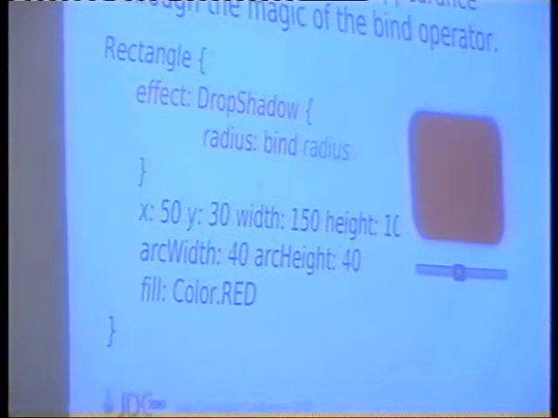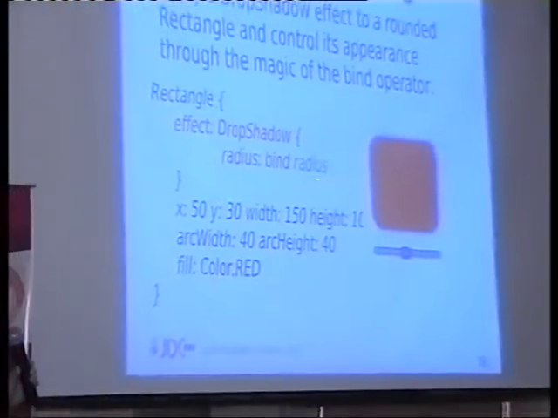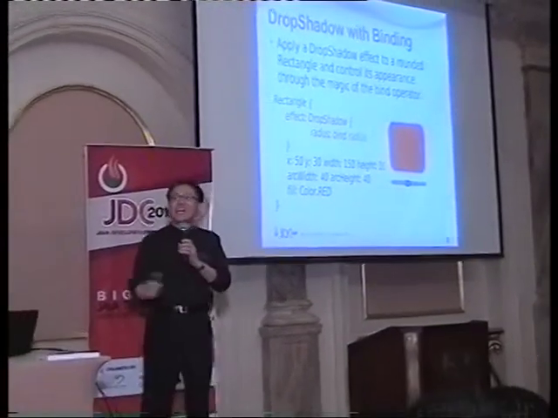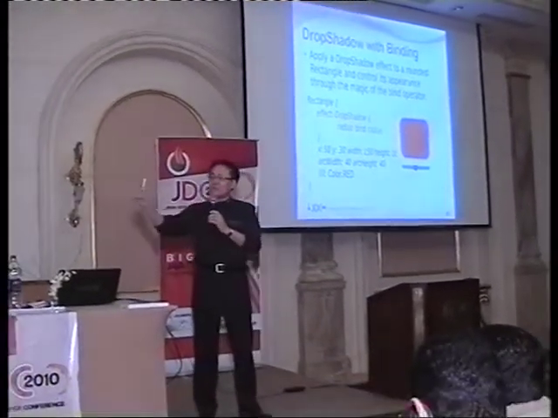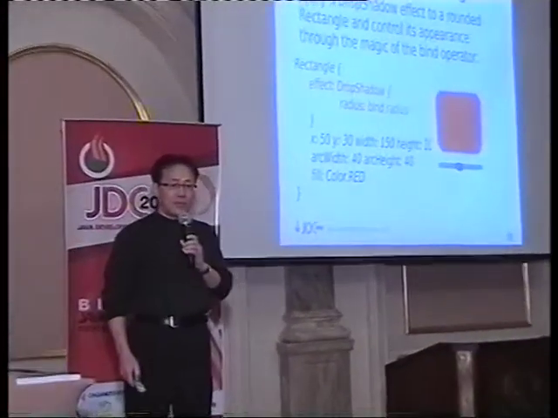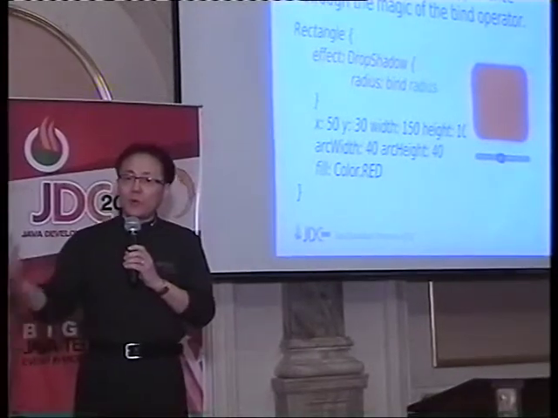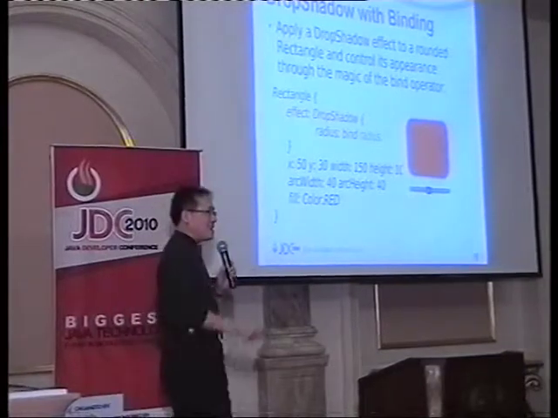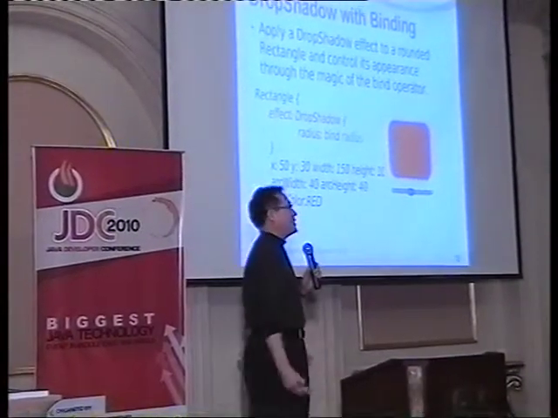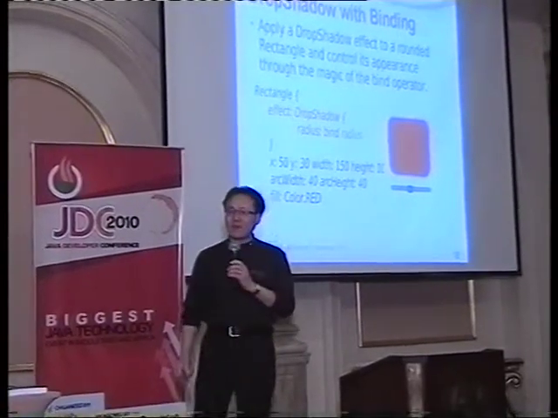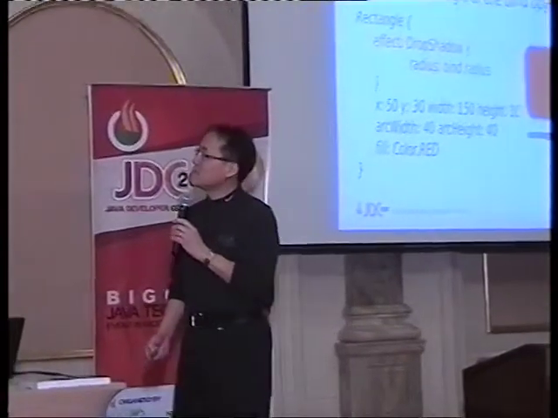It just happens to be the same name, but this is just another variable name. Now, I'd like to change the value of this radius variable by using, let's say, a slider. So whenever I move my slider left and right, the value of this radius will be changed, and that gets reflected right away in your graphical object. That makes sense? So this is where bind really becomes interesting, when it gets applied to the properties of graphical objects.